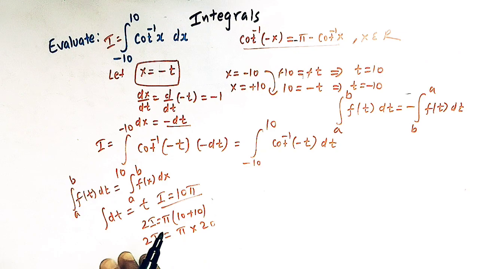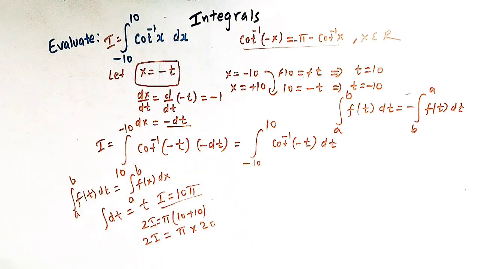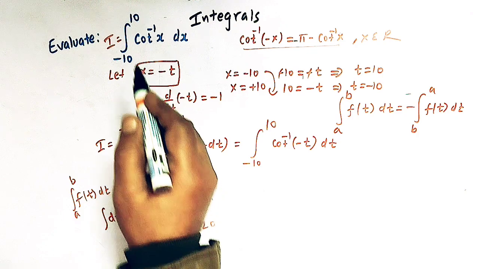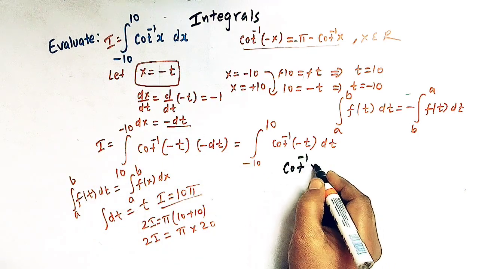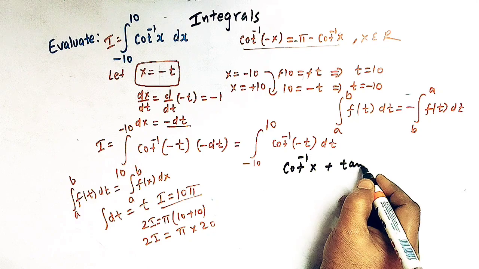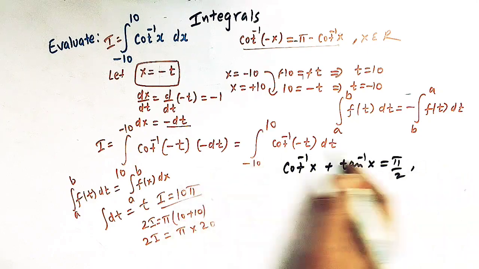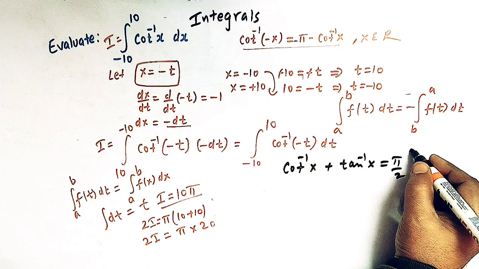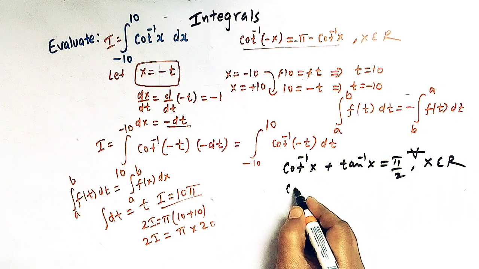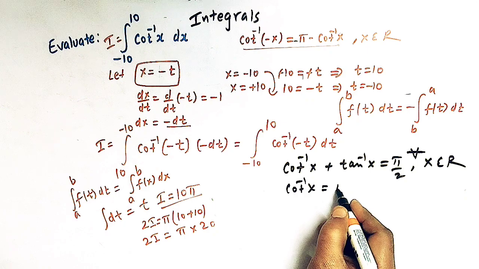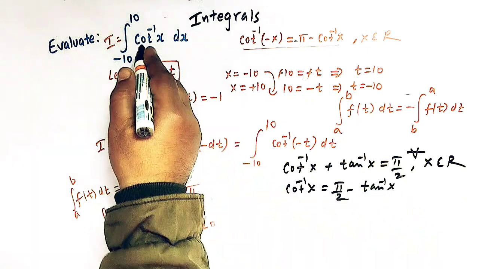Now here it is interesting to note that the value of this definite integral can also be obtained by using this identity, that is cot inverse x plus tan inverse x is equal to pi by 2 for all x belonging to the set of real numbers. So we can replace cot inverse x by pi by 2 minus tan inverse x, right?